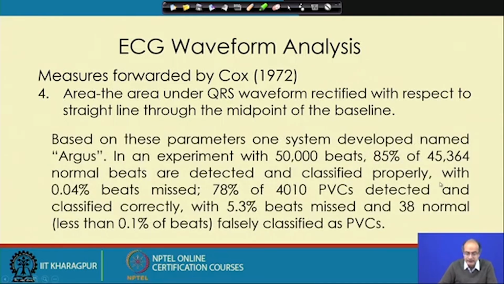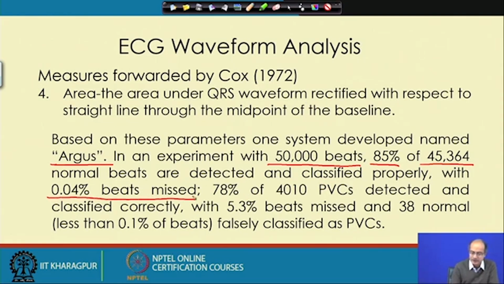Based on this, they have designed a system named Argus, and they have done an extensive experiment with 50,000 beats, out of which 85%, that is 54364, normal beats were detected and classified properly, with 0.04% beats missed.